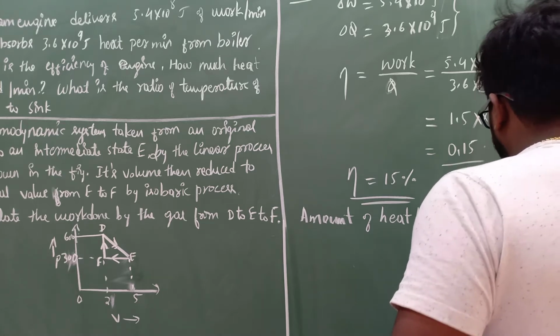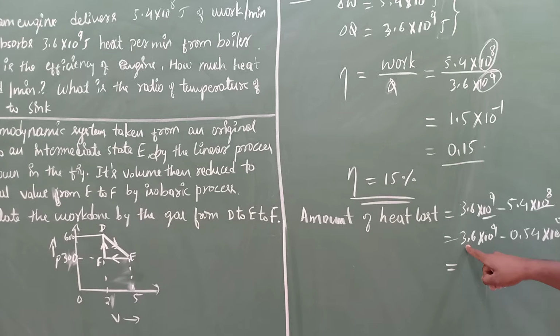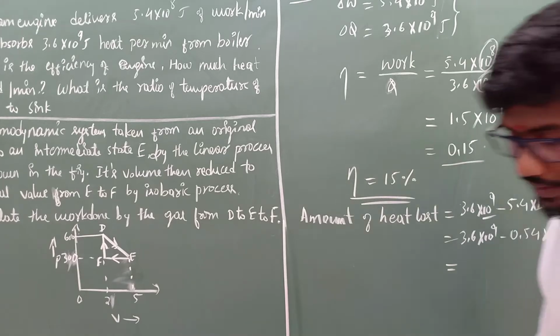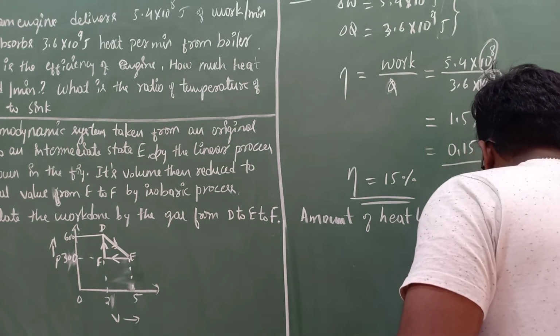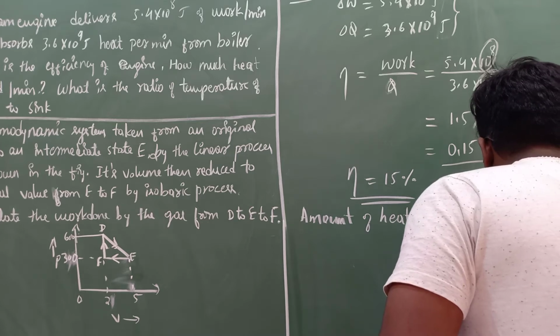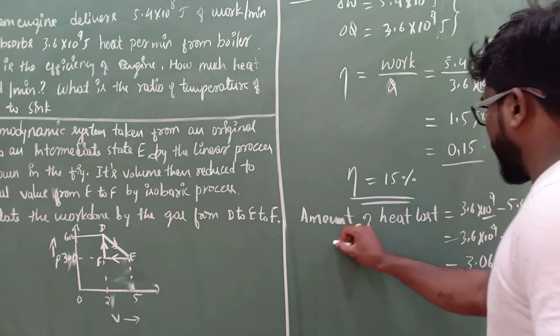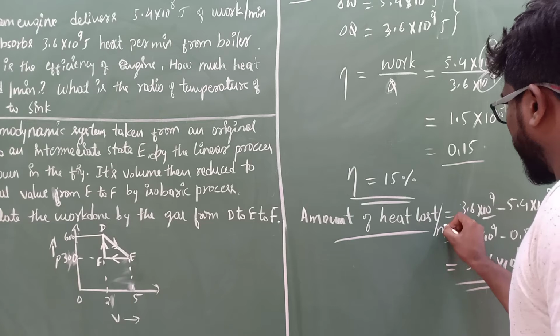Here 10 power 9 is common, so subtracting 0.54 from 3.6 gives 3.06 into 10 power 9 joule. This is the amount of heat lost per minute.